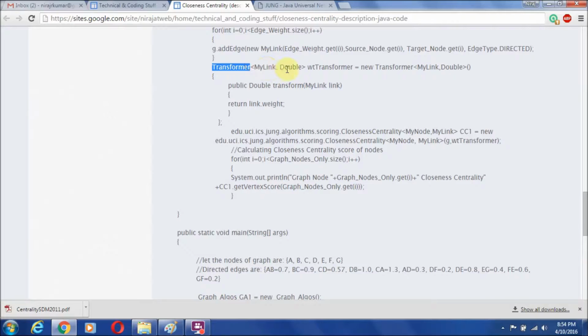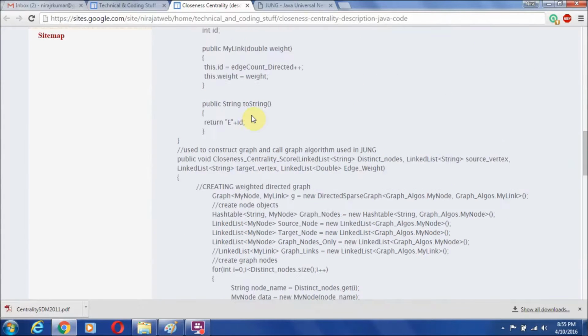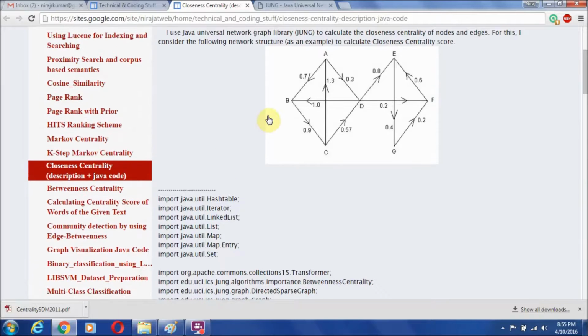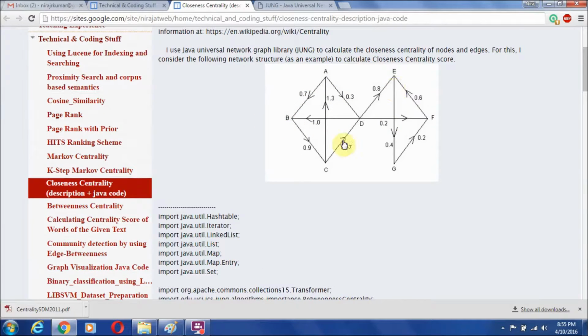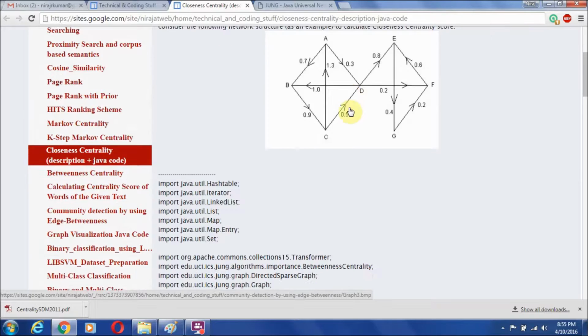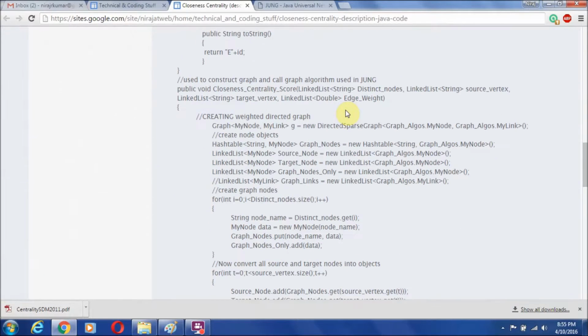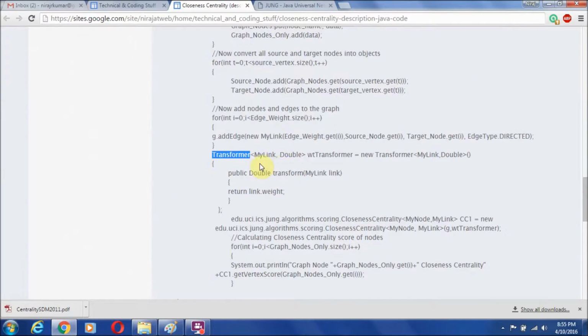The transformer function is used to put the weight on the links of the graph. For example, in this entire program we calculated the closeness centrality score of nodes A, B, C, D, E, F and G from this weighted directed graph. To transfer those weights, we use the transformer.